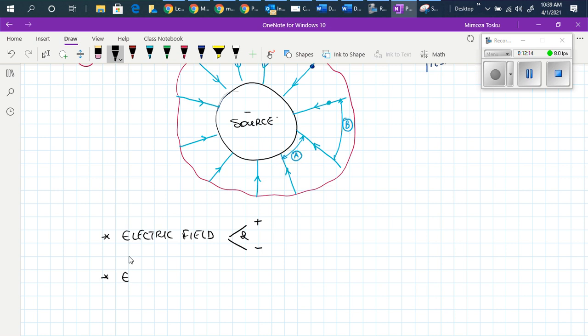The electric field is decreased as the distance from the source is increased.